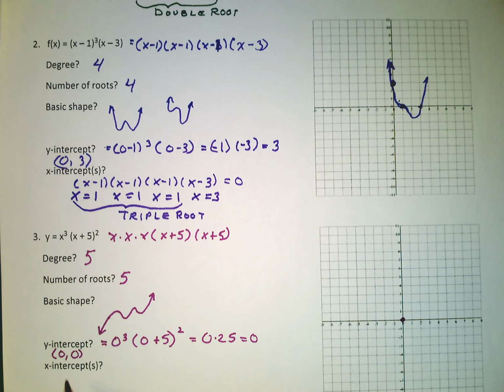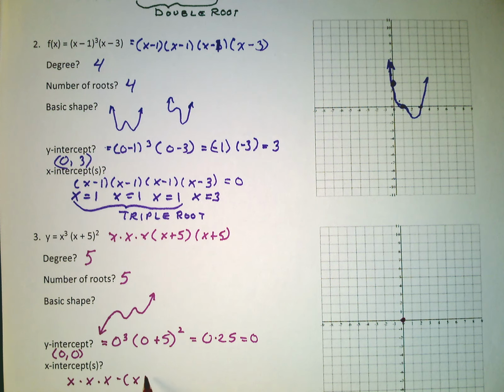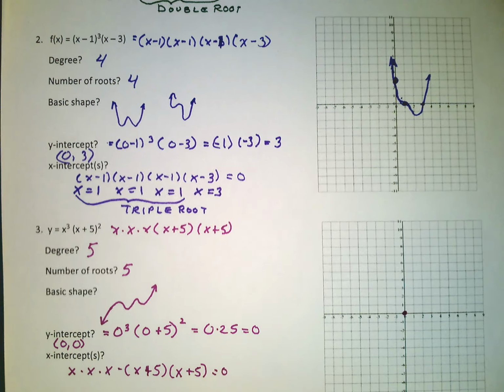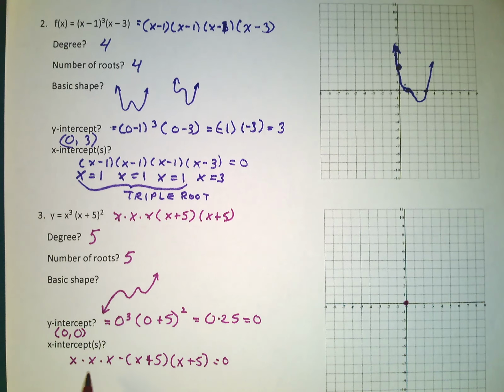The x-intercepts. That's when these factors all multiply out to 0. That can only happen if this x is 0, or this next x is 0, or the third x is 0, or this equals -5, or this x equals -5.